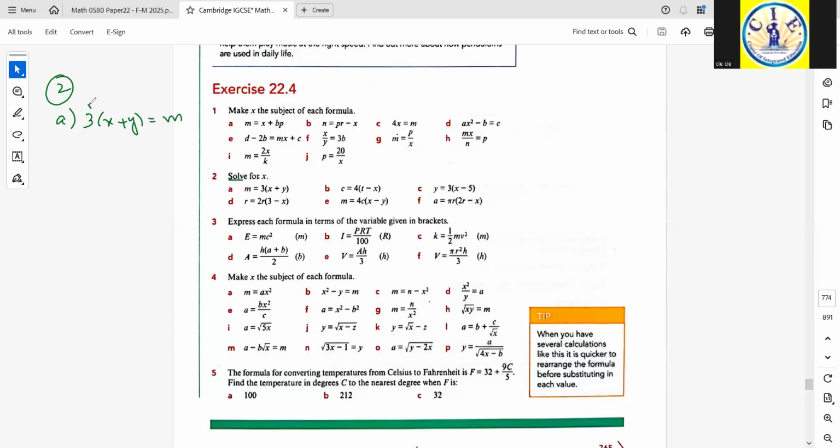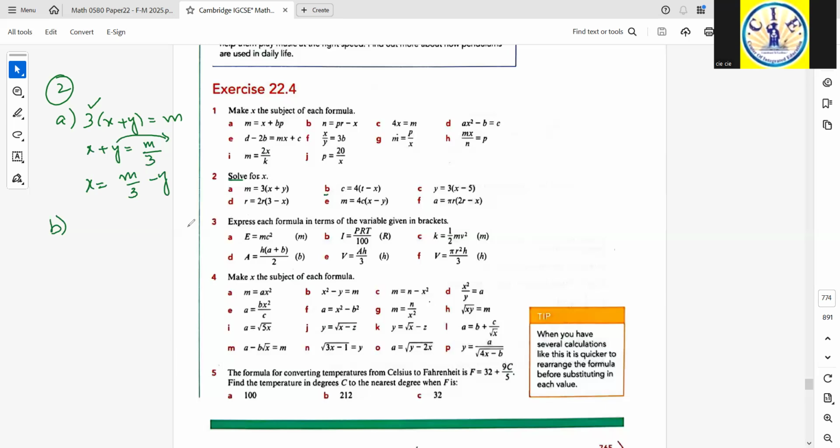And then first of all, shifting this 3 to the right side, m divided by 3. And then this y is to be shifted on the right side, m by 3 minus y. So x has been made the subject, or we have solved this equation for x. We have taken out the value of the variable x.